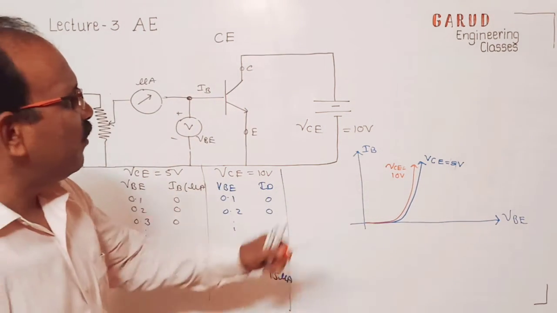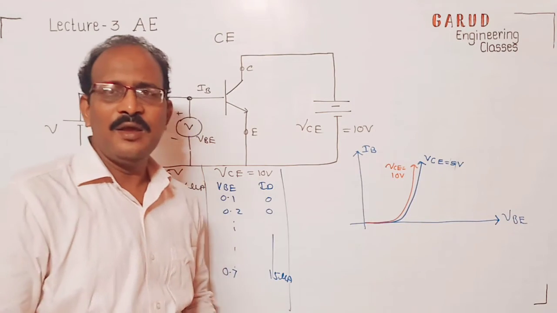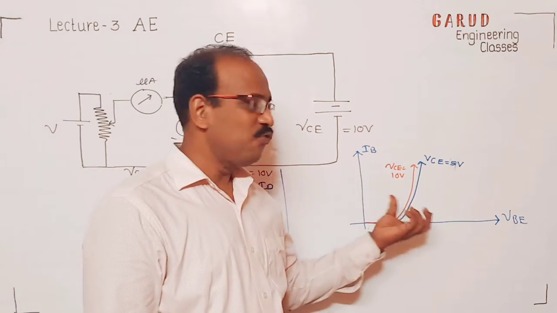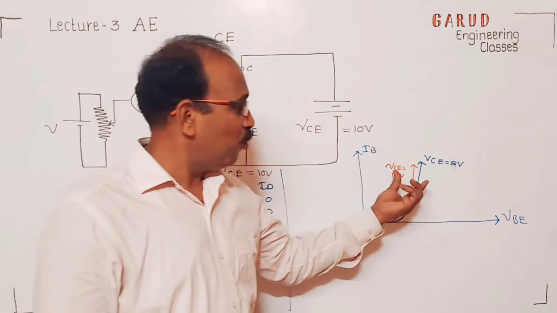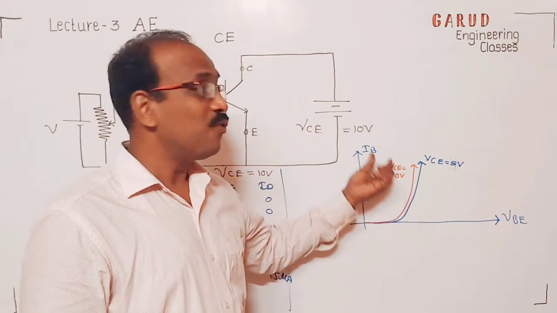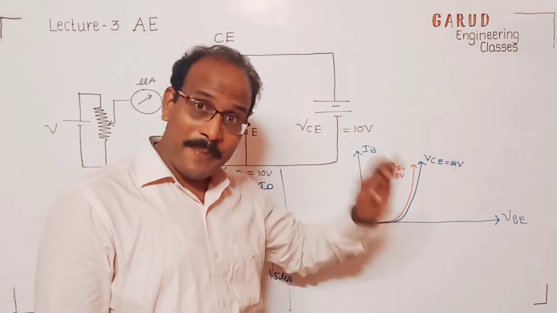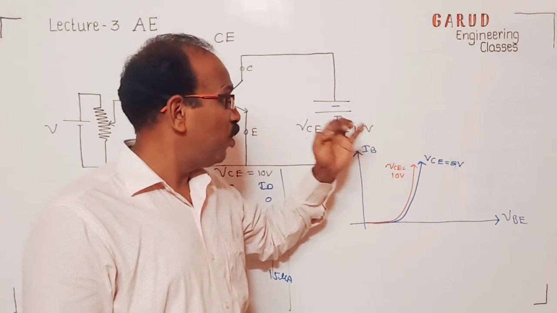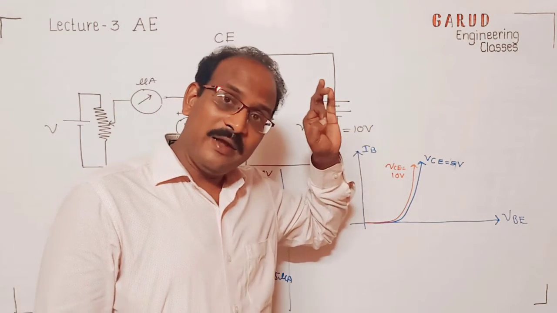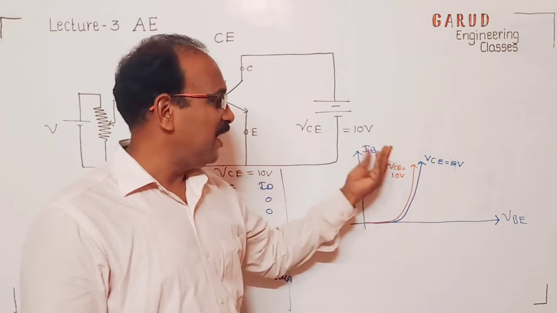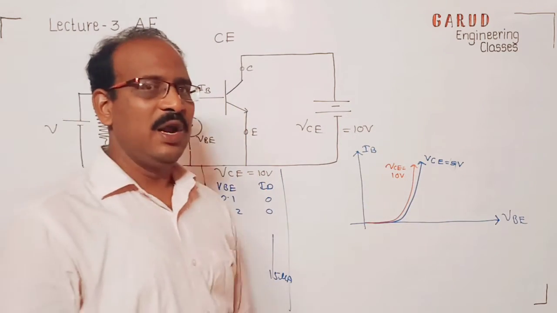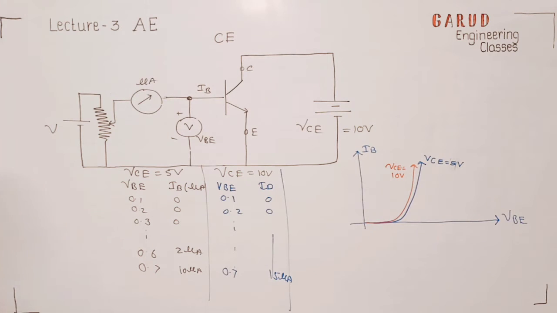So if you vary the voltage slightly, this will give a deviation. Actually VCE should be stable, and the output current should not depend on it, but it is depending on it with a slight variation. This is called the early effect. This is what we call input characteristics.